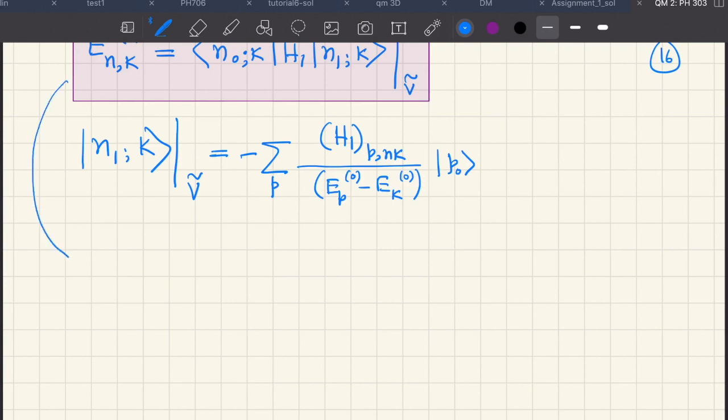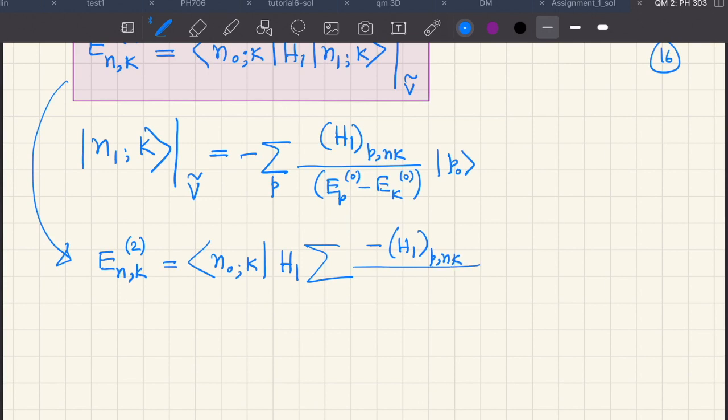Therefore, this equation number 16, finally, will be E_{n,K}^2, the second order correction to energy for these degenerate states, will be ⟨n0K|H1 operator, then sum over minus H1_{p,nK} divided by E_p^0 minus E_K^0, and then |p0⟩.